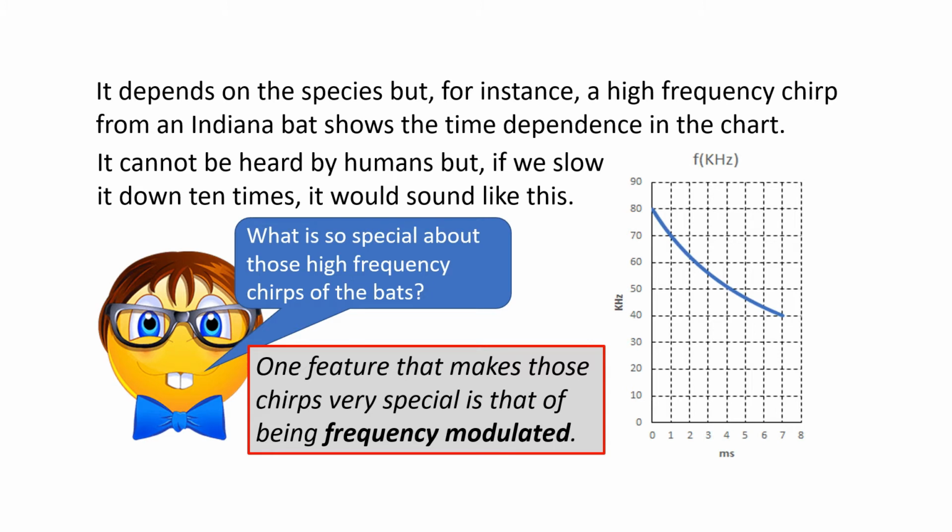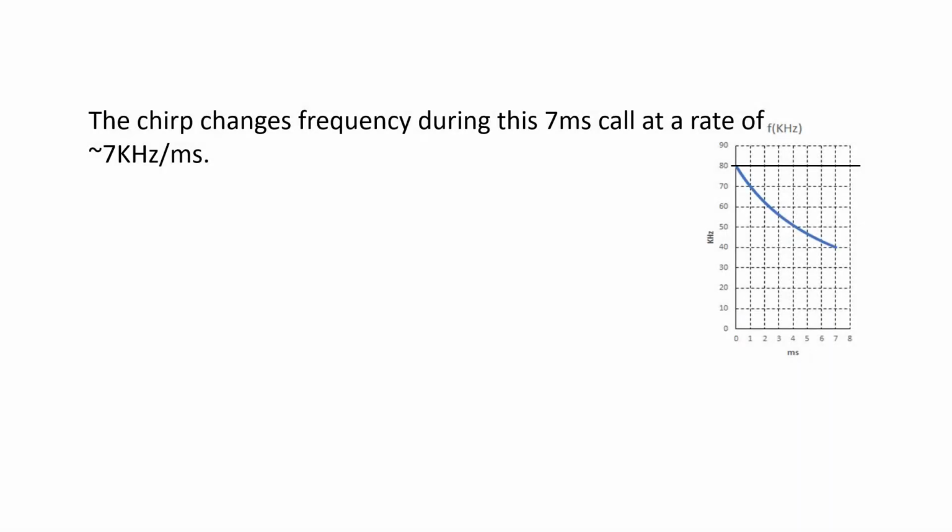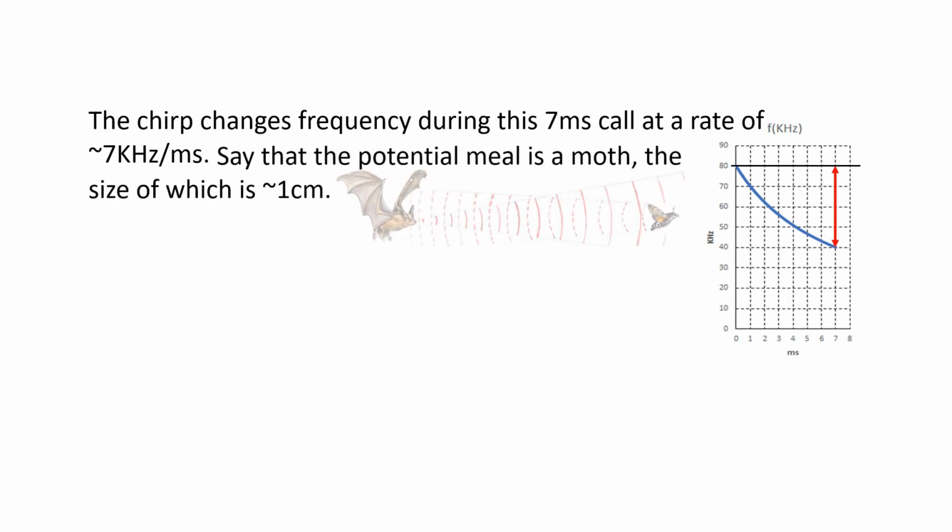It cannot be heard by humans, but if we slow it down 10 times, it would sound like this. The chirp changes frequency during this 7 millisecond call at a rate of approximately 7 kHz per millisecond.